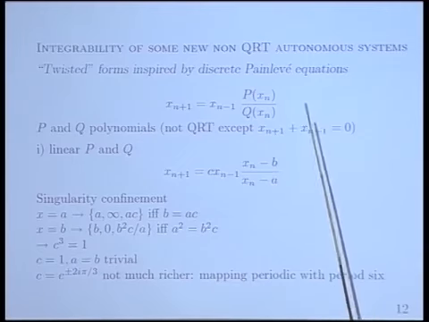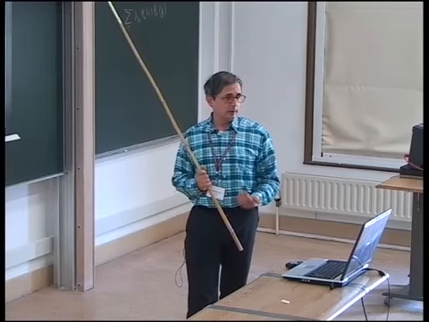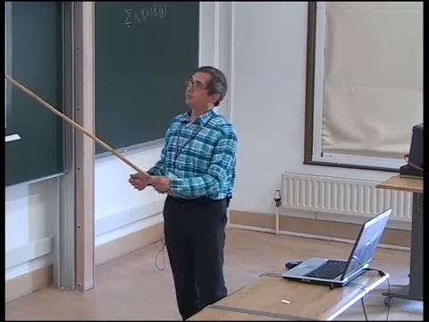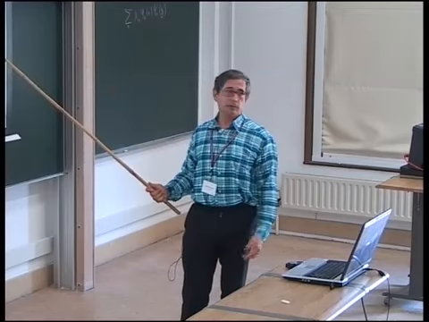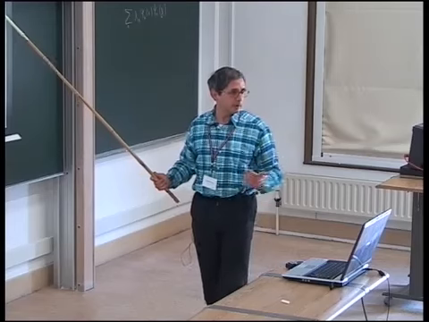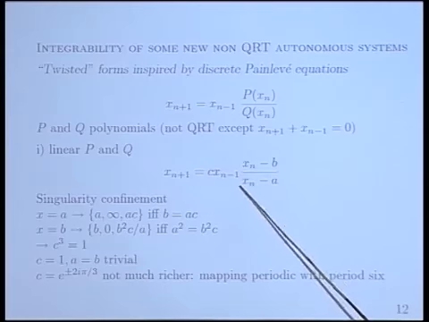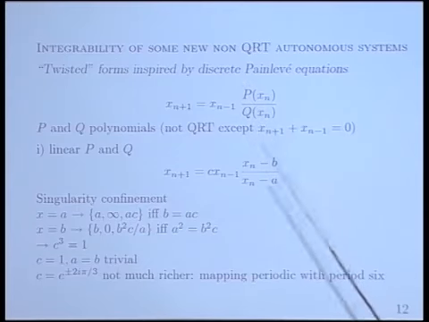And in order to find which of those systems are integrable, we apply the singularity confinement. We assume we hit the singularity and demand that the singularity stops after some steps. So if you try it here, then you find that you don't get anything interesting.